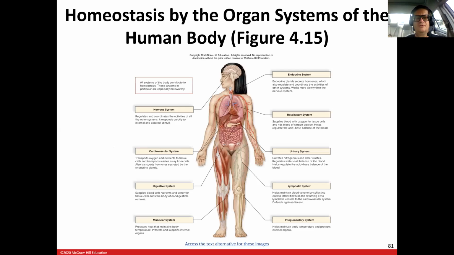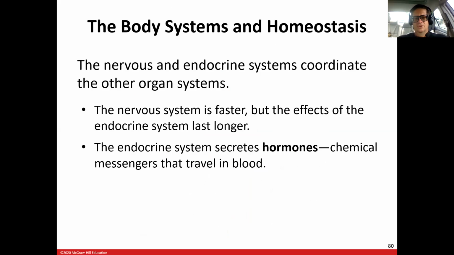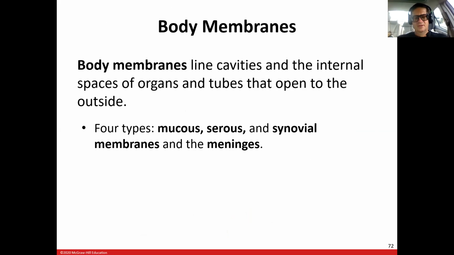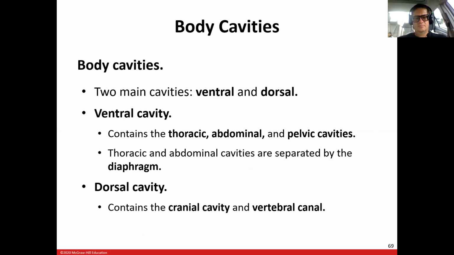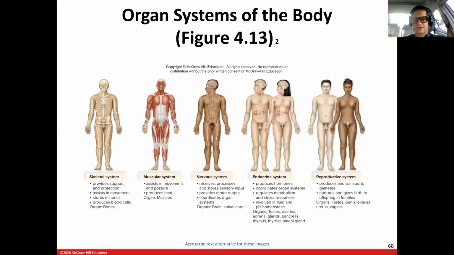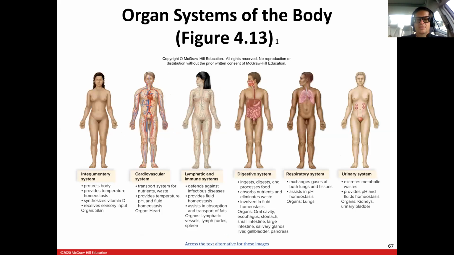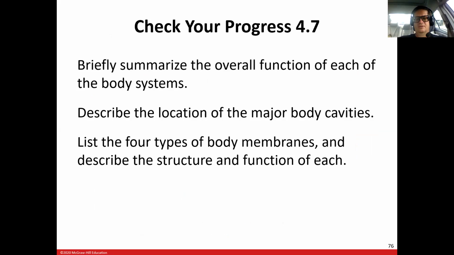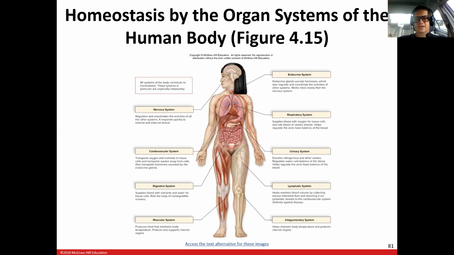Anyway, moving on. So here is the overall of all the body systems we've been talking about. You remember the 2 PowerPoints we had? Here and here. Those 2 PowerPoints, we're just summarizing it here.